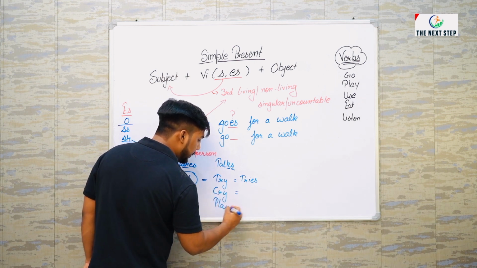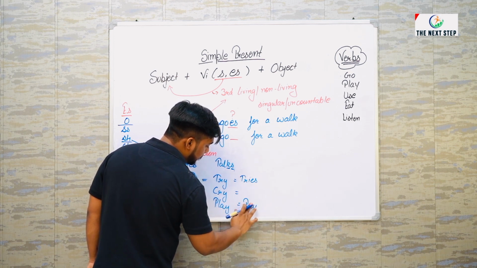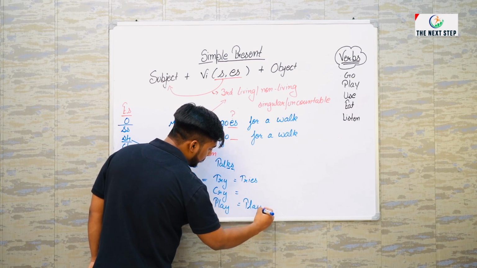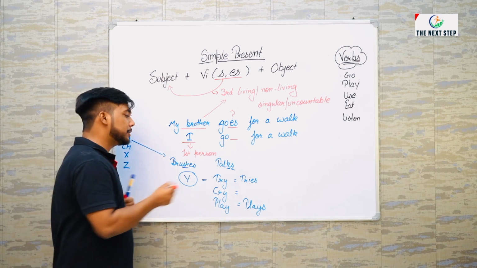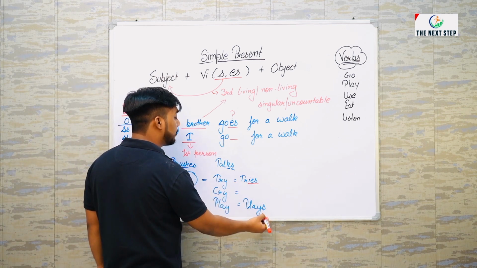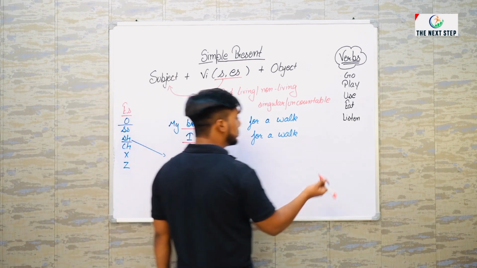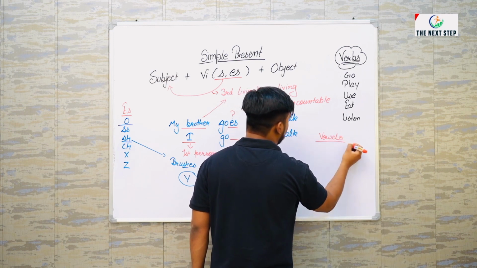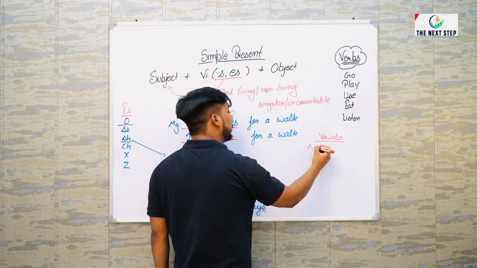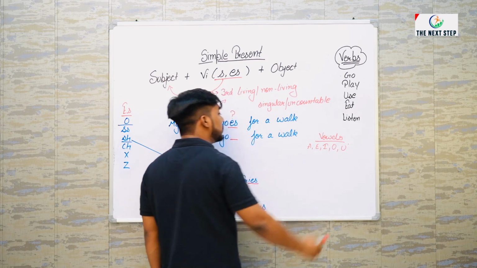I can say play changes into plays. Now, do you know how I'm using IES here and why I'm using S here? It's basically about vowels. Like A, E, I, O, U.